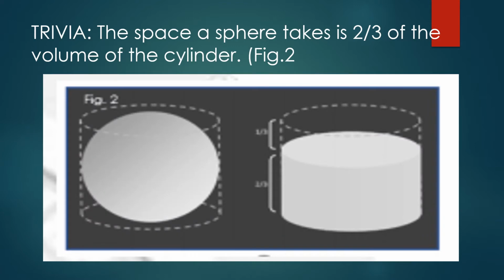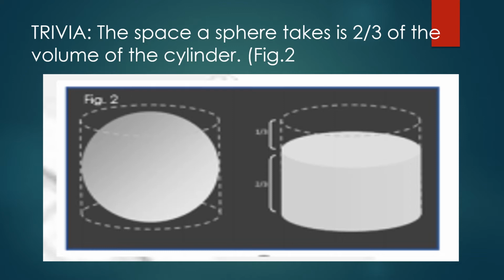So, yung discussion natin last week, nabanggit natin na 1/3 lang ng cylinder ang sphere. So, this is the correction for the lesson. 2/3, not 1/3. 2/3 of the cylinder.